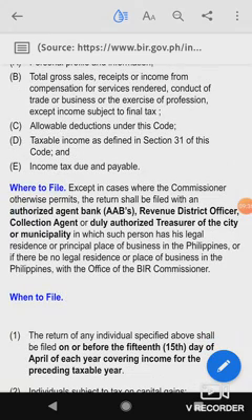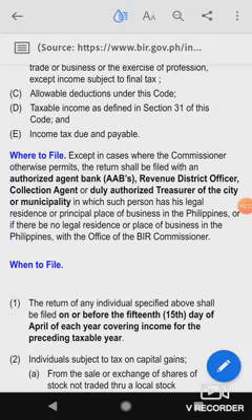Where to file? Except in cases where the commissioner otherwise permits, the return shall be filed in an authorized agent bank or AABs, revenue district officer, collection agent, or duly authorized treasurer of the city or municipality in which such person has his legal residence or principal place of business in the Philippines, or if there is no legal residence or place of business in the Philippines, with the office of the BIR Commissioner.